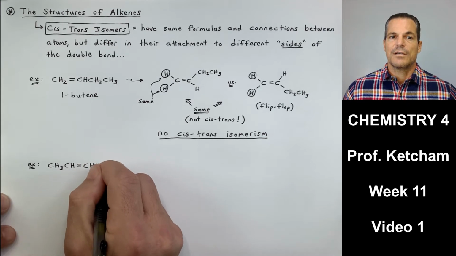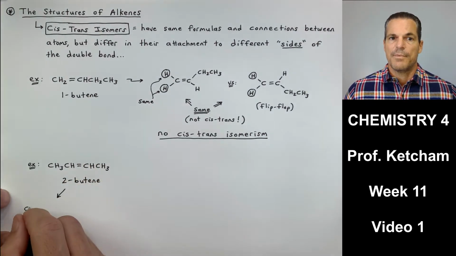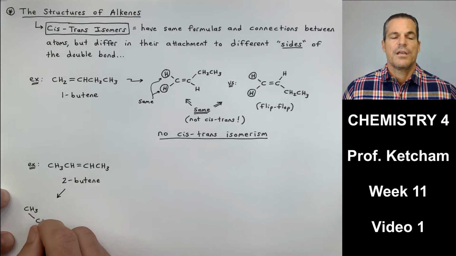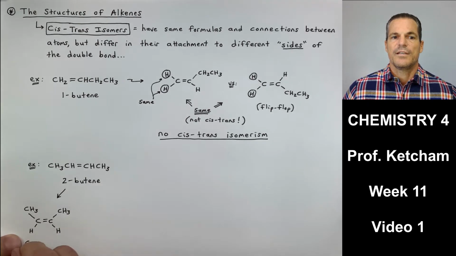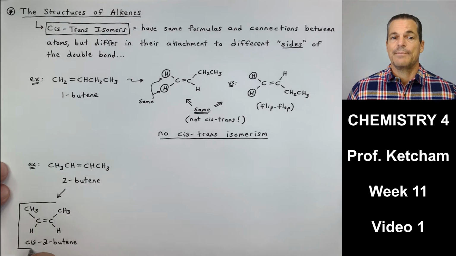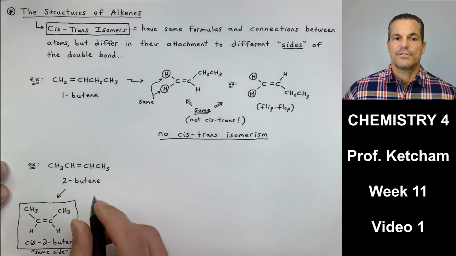A certain requirement has to be met regarding the double bond, and I'm going to show that to you now. If you look at 2-butene, look how I've drawn it out. You see how each carbon in the double bond has 2 different types of things attached? Well, here I have cis-2-butene.